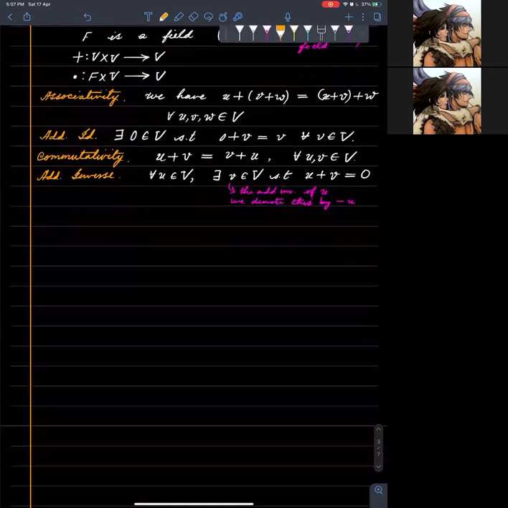We have, I don't know what to call this axiom, maybe I'll call it scaling identity. Let's just put a dot here. It says that 1_F, which is the multiplicative identity of the field, when you scale any vector by it, you get the same vector back.